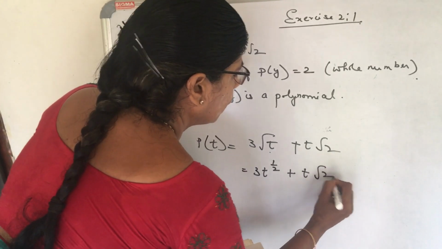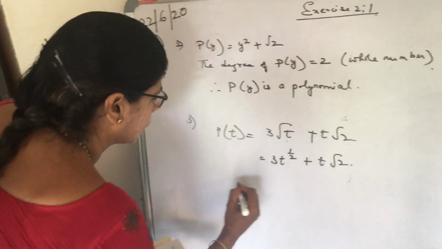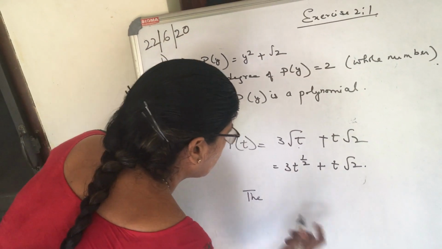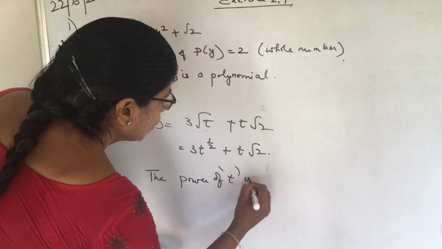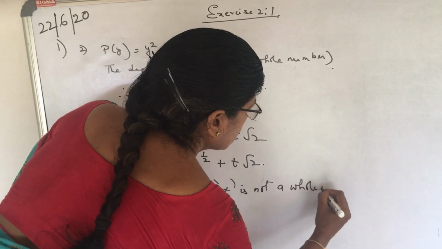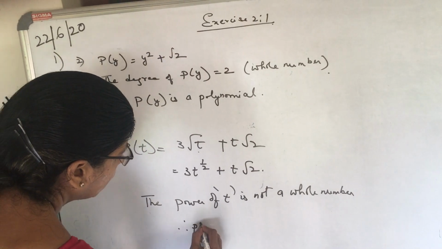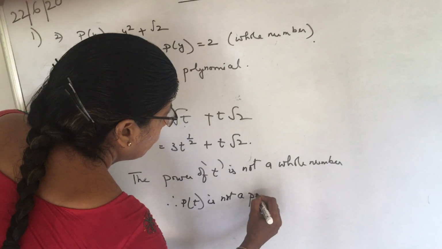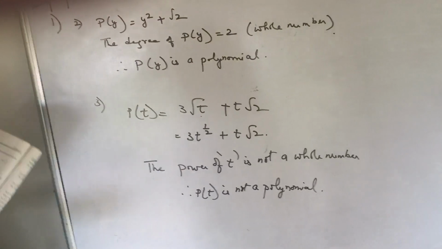Because the power is not a whole number, the power of t is not a whole number. Therefore, p of t is not a polynomial.